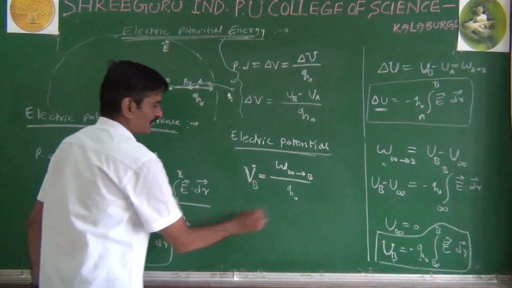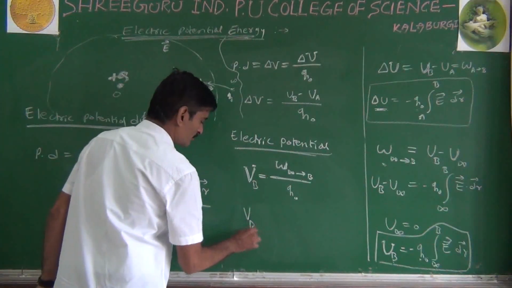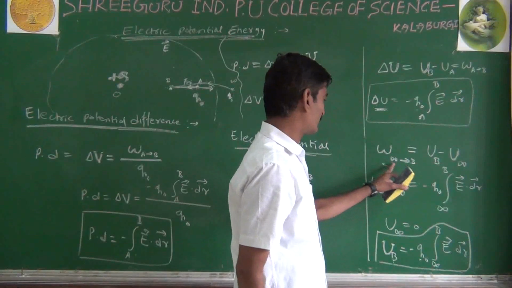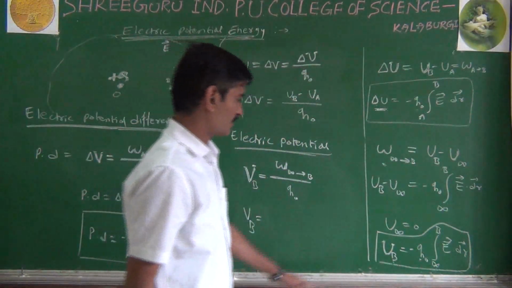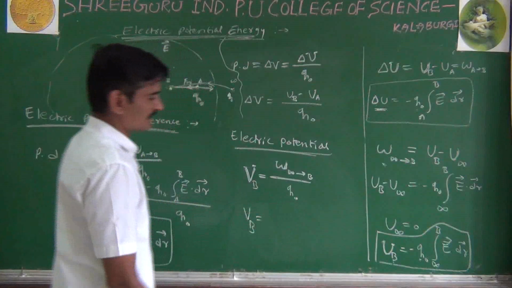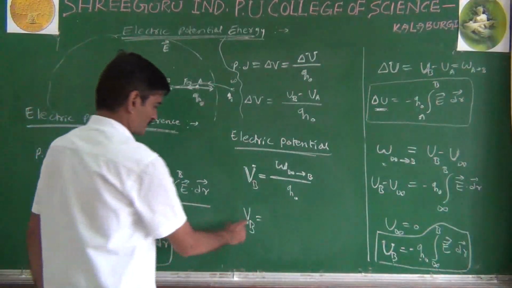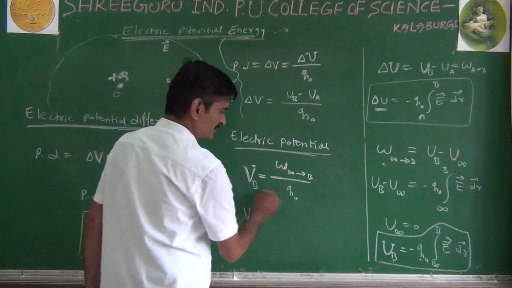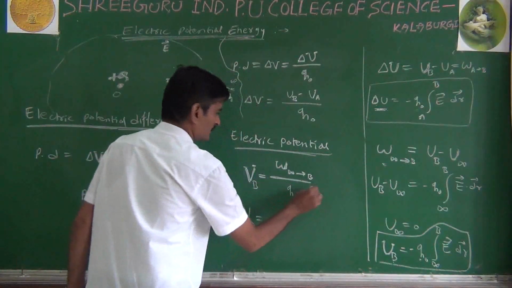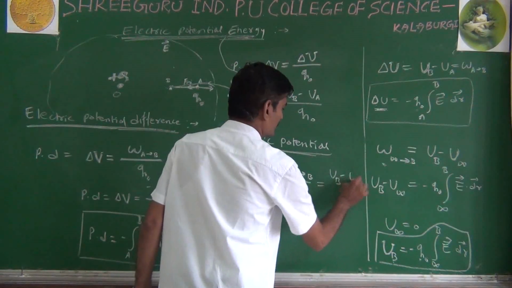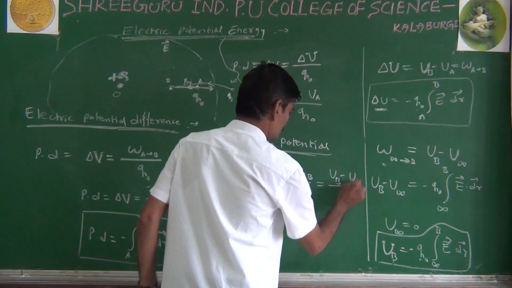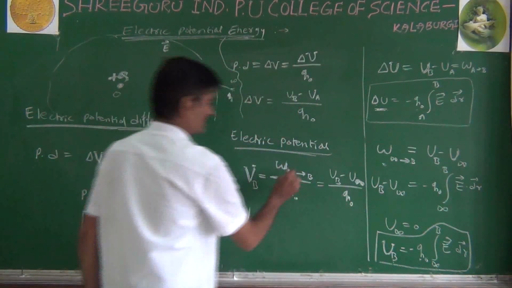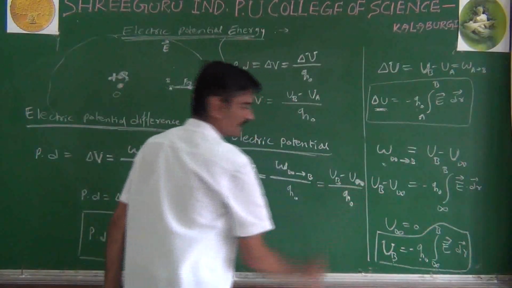So you can write VB is equal to the work done from infinity to the point B, divided by Q naught. That is, VB is equal to UB minus U infinity divided by Q naught.